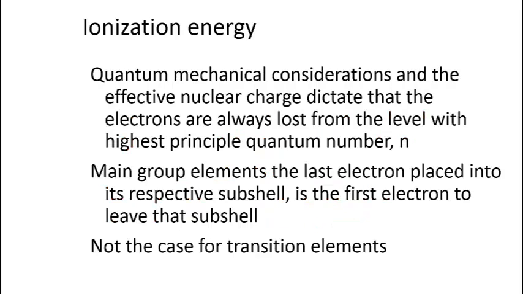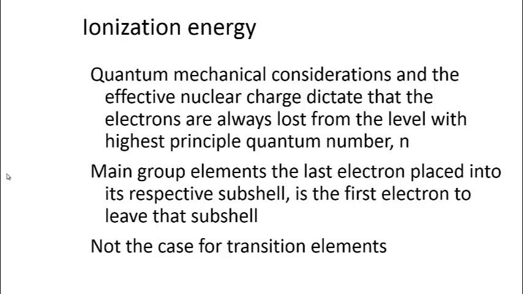It's important to understand that quantum mechanical considerations and the effective nuclear charge dictate that the electrons are always lost from the level with the highest principal quantum number, n. For main group elements, the last electron placed into its respective subshell is the first electron to leave.